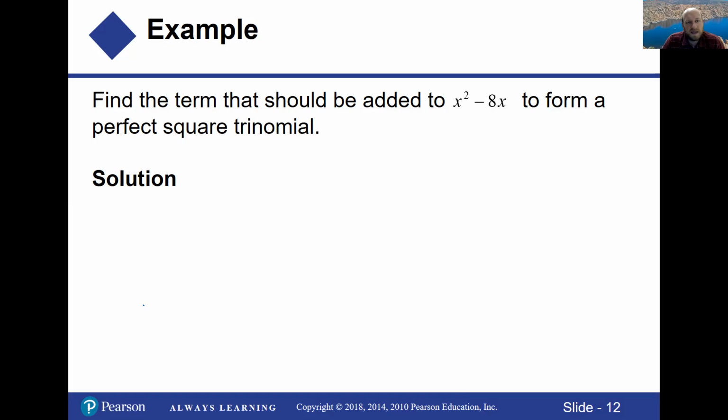So completing the square. We want to find the term here that should be added to x squared minus 8x to form a perfect square trinomial. Okay, and we talked about this last section.